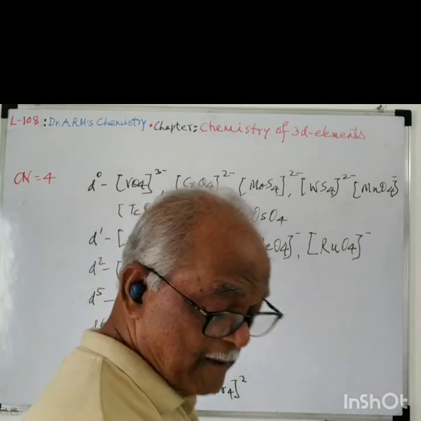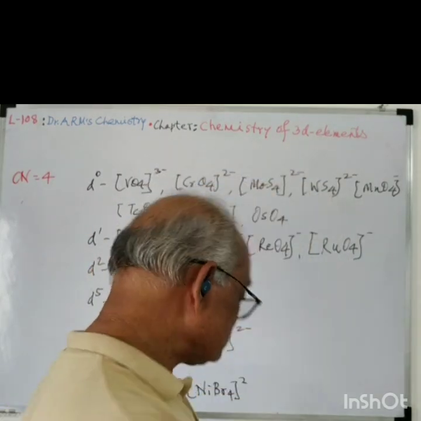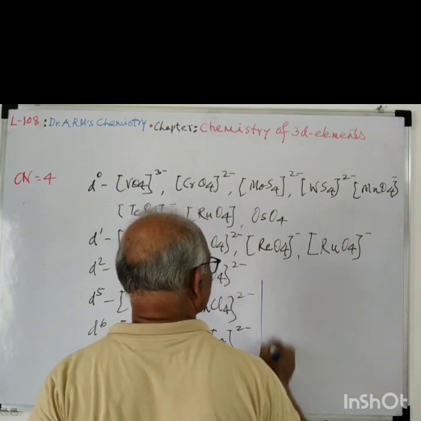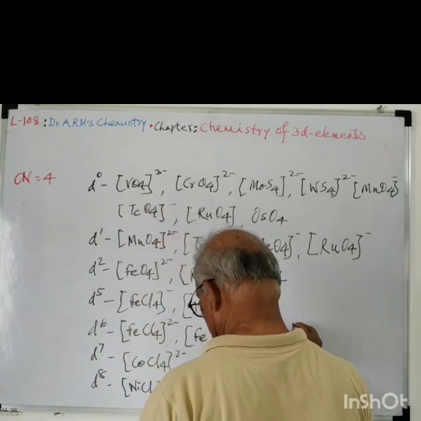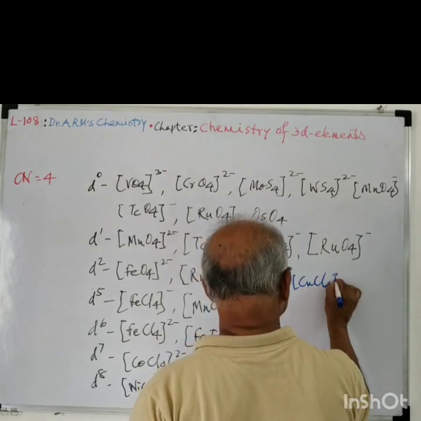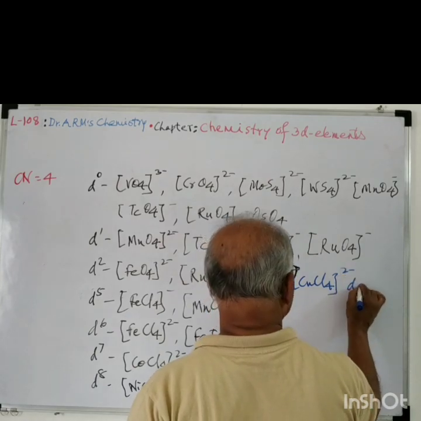Then examples with d9 configuration: CuCl4 2 minus, distorted.